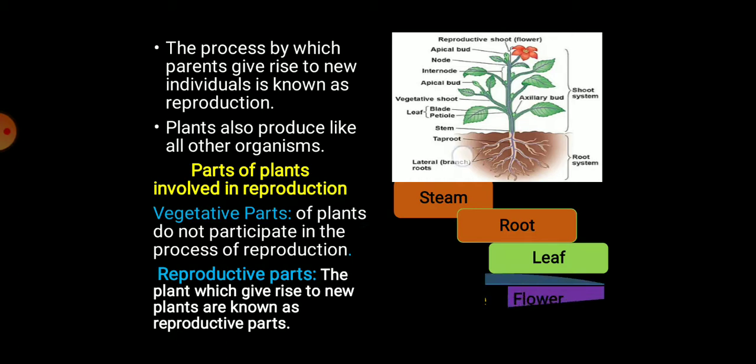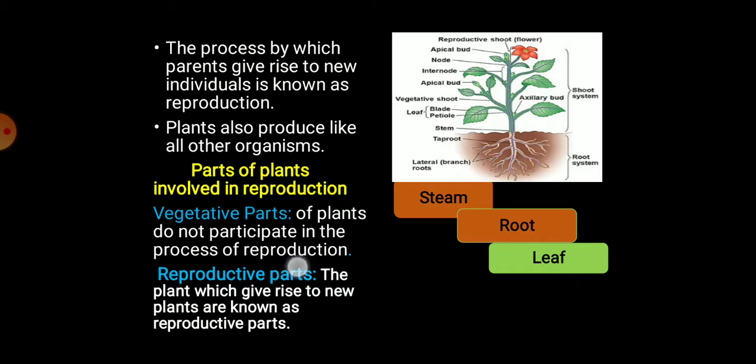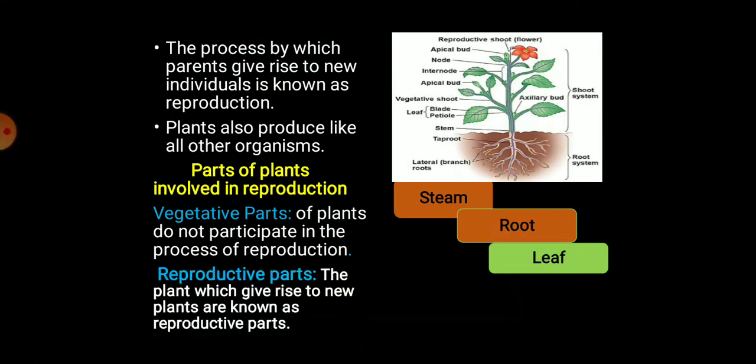So this is the entire structure of a plant. You might know all the different parts of a plant, like the apical node, internode, leaf, petal. These I guess you might be aware of. The vegetative parts of a plant, like stem, root and leaf, do not take part in the reproduction process. The different part which participates in reproduction is this one, the flower.